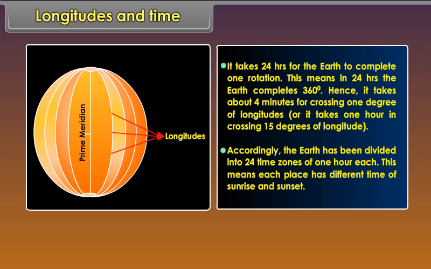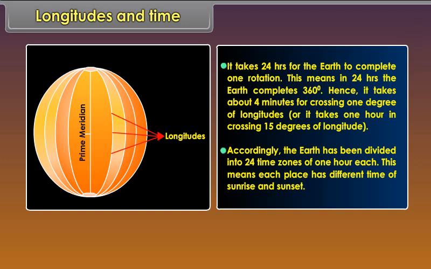It takes 24 hours for the Earth to complete one rotation. This means in 24 hours the Earth completes 360 degrees. Hence, it takes about 4 minutes for crossing 1 degree of longitude, or it takes 1 hour in crossing 15 degrees of longitude.